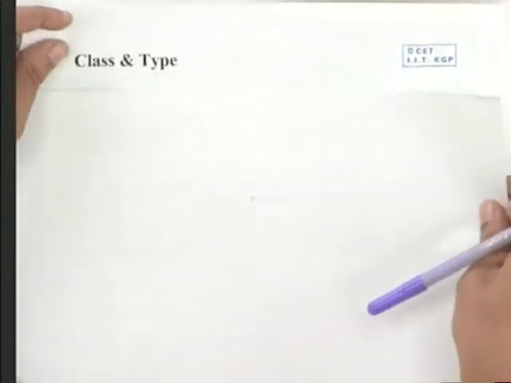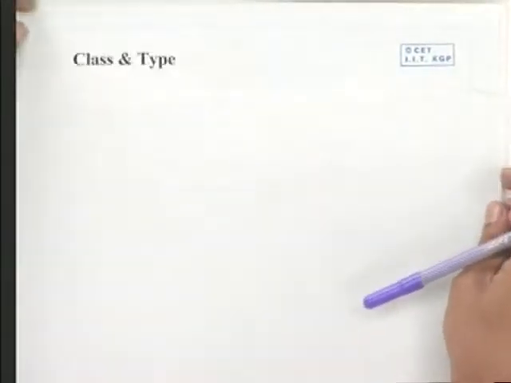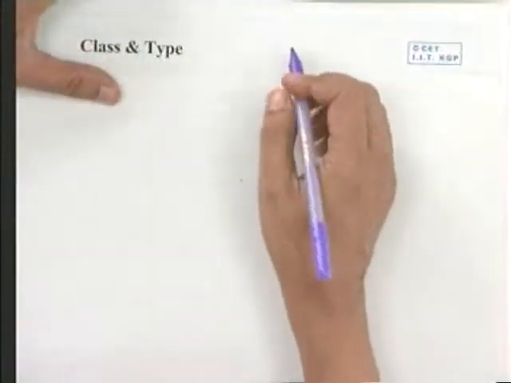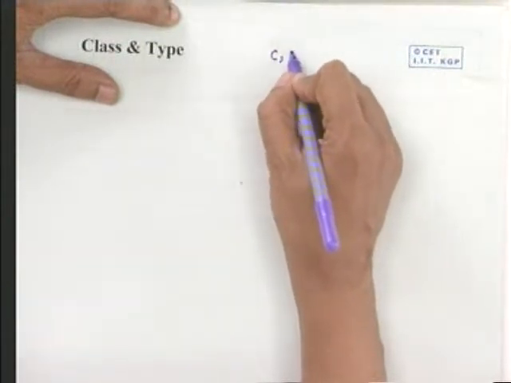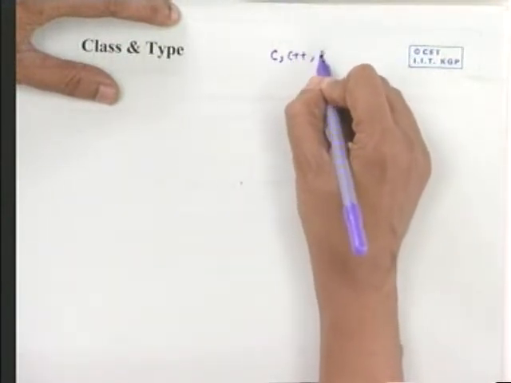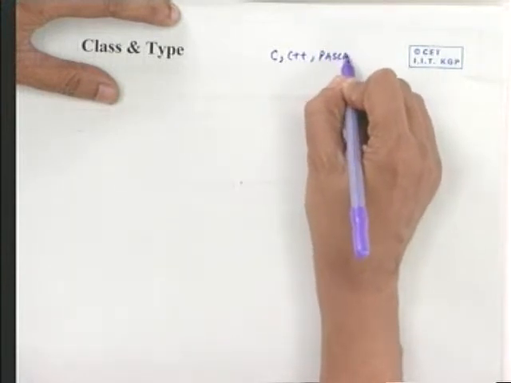In programming languages like C or C++, and even Pascal earlier, there was a very strong concept of type.